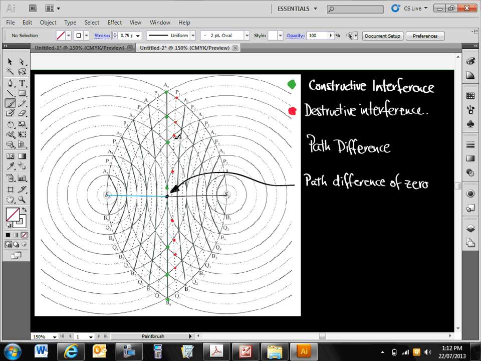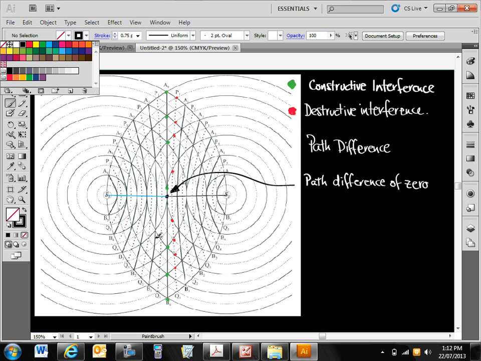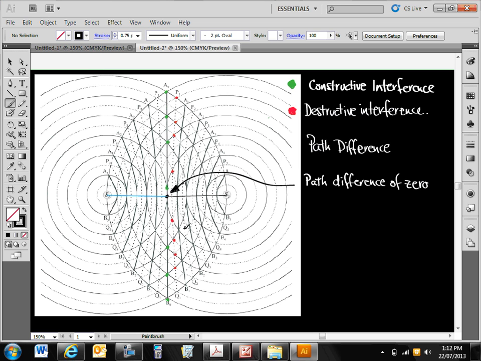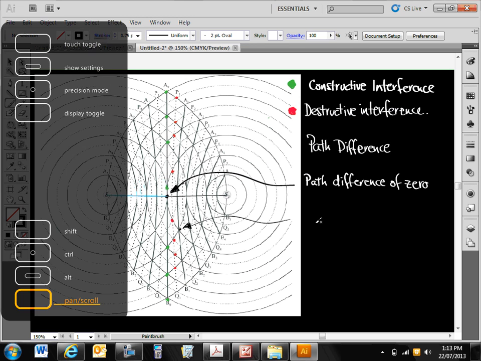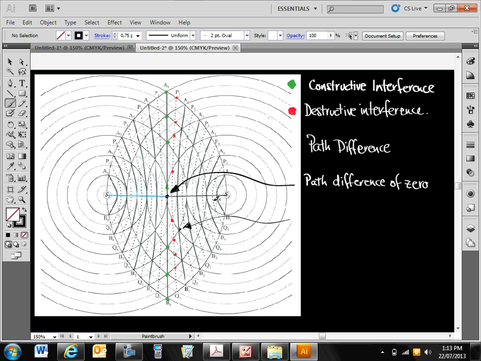What about this point here? Actually, I'll draw an arrow to it. Have a look.